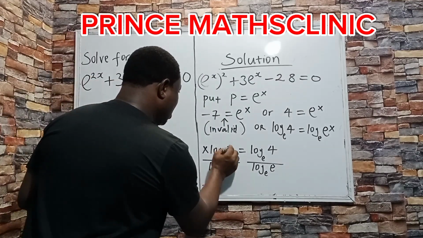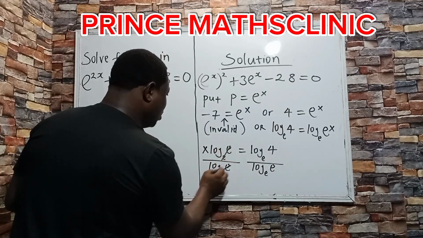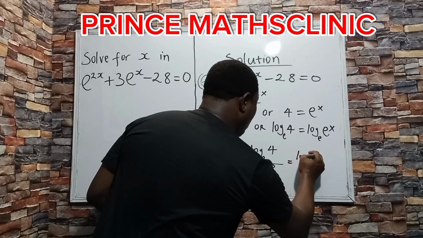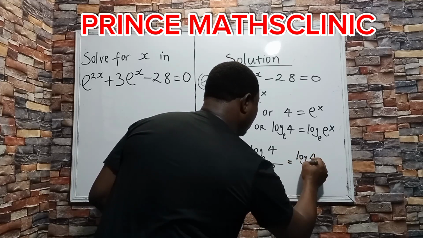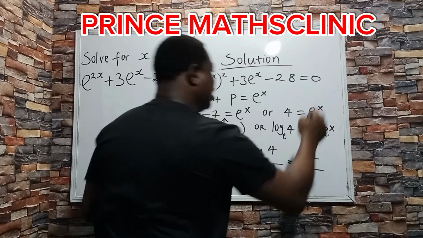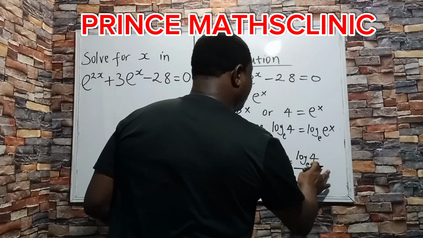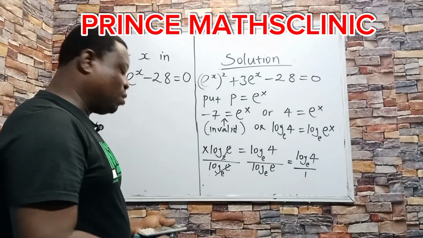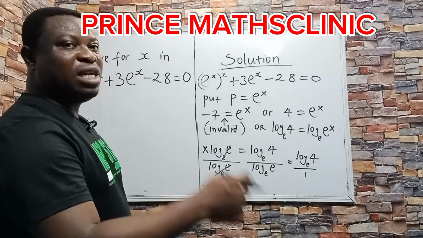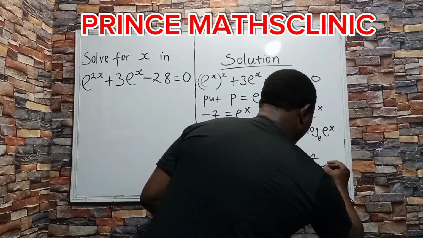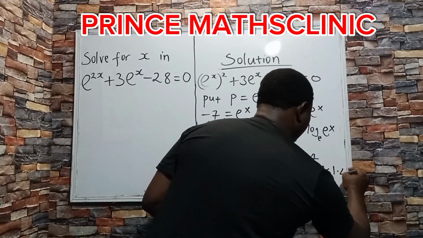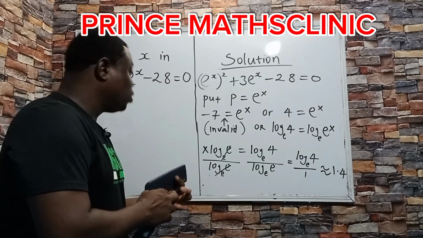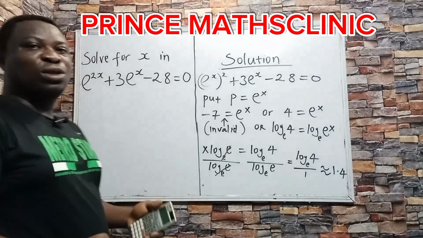So this cancels, and you have log 4 in base e equals x. We obtained in our previous method that log 4 to base e is 1.38, so this value is approximately 1.4. So that is the solution to this particular question.